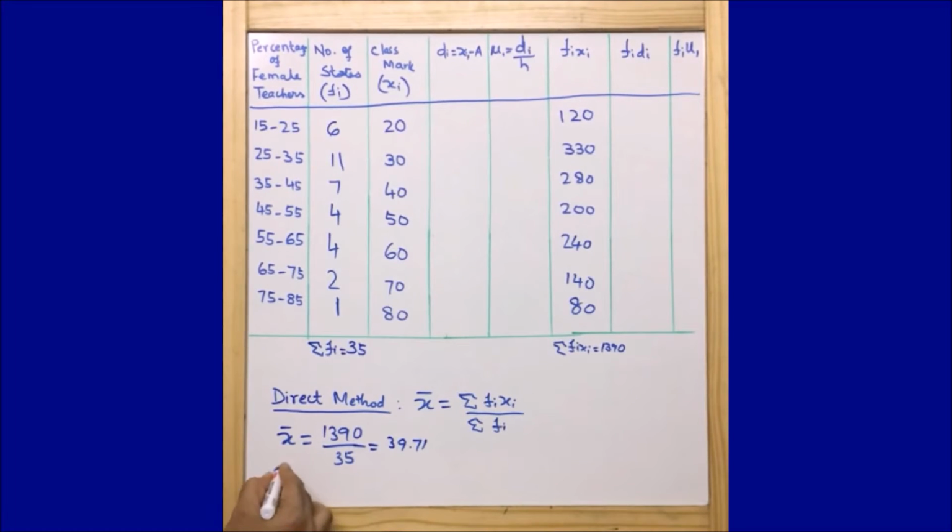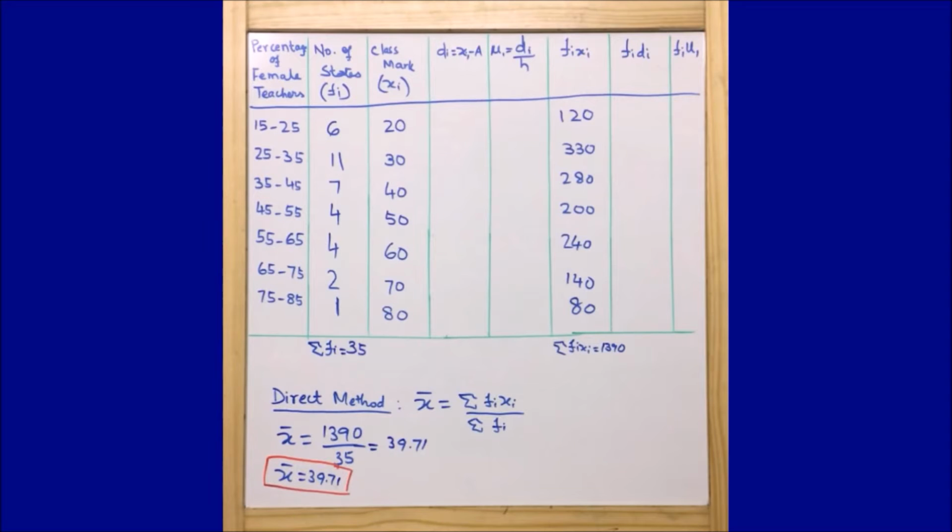Therefore the mean is equal to 39.71. This is what we calculated using the direct method. Hope you are able to understand this direct method.